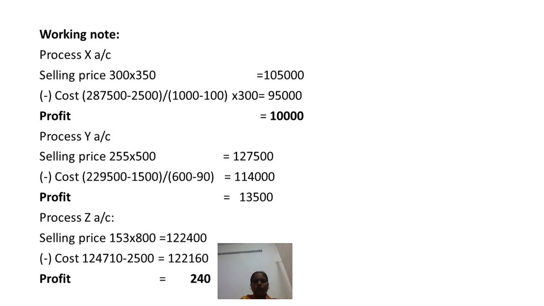Selling price is 255 into 500, that is 1,27,500. From that we have to deduct the cost, that is 2,29,500 minus 1,500, that is 2,28,000, divided by 600 minus 90, that is 510. So when we divide that we get 1,14,000, which is the profit here.